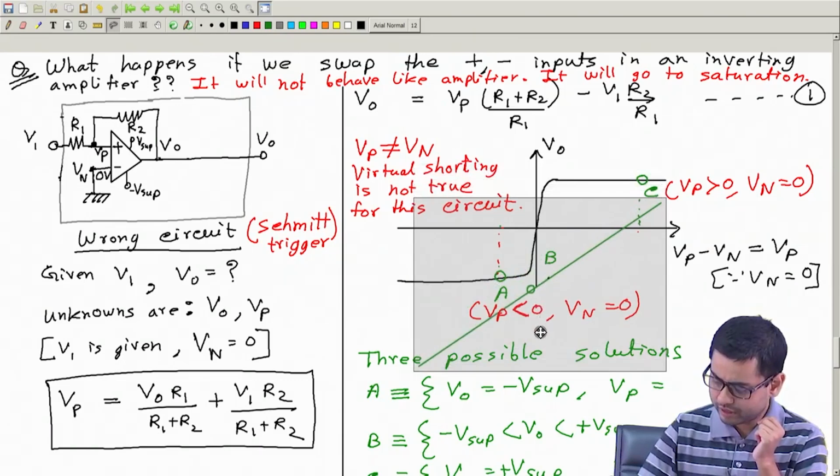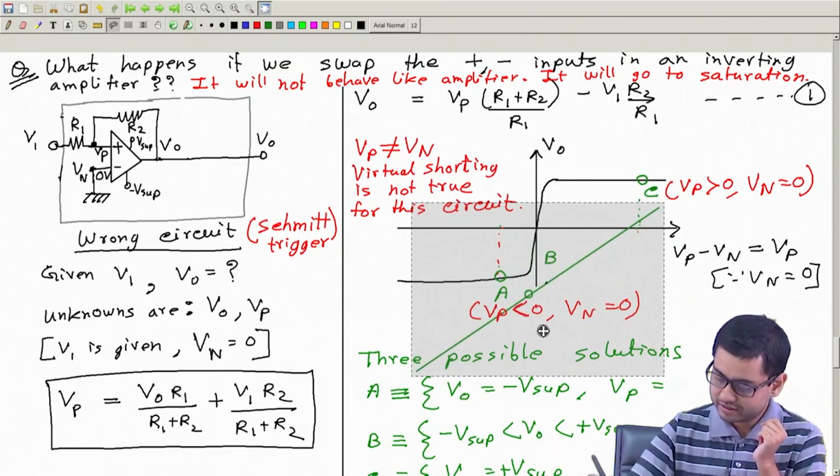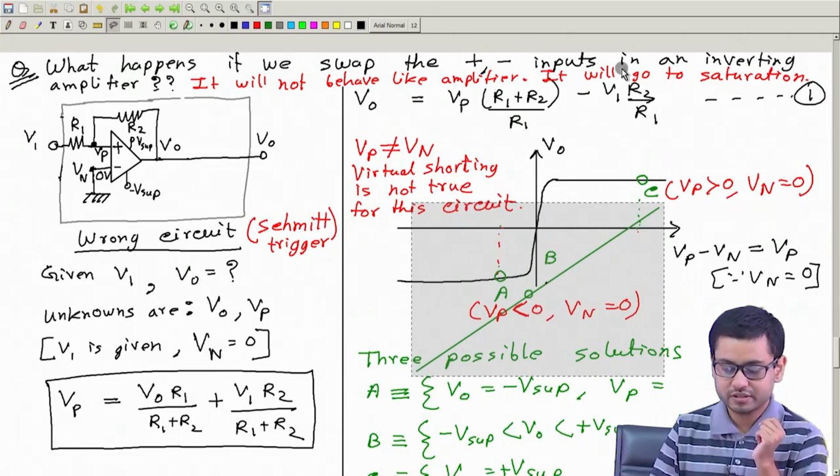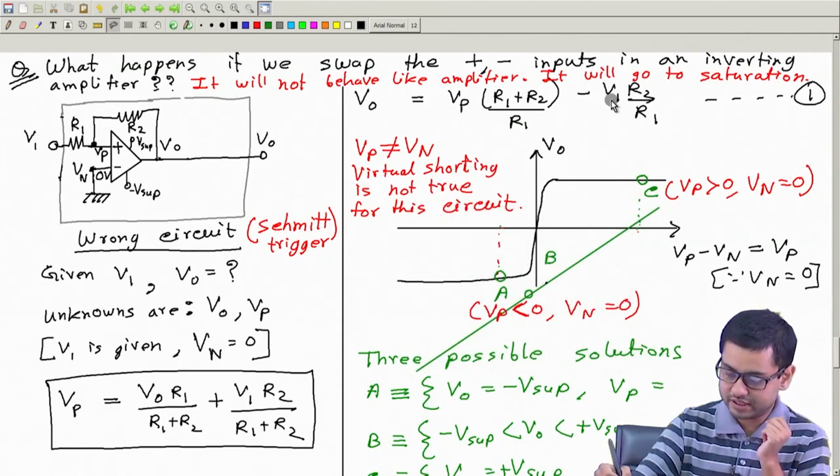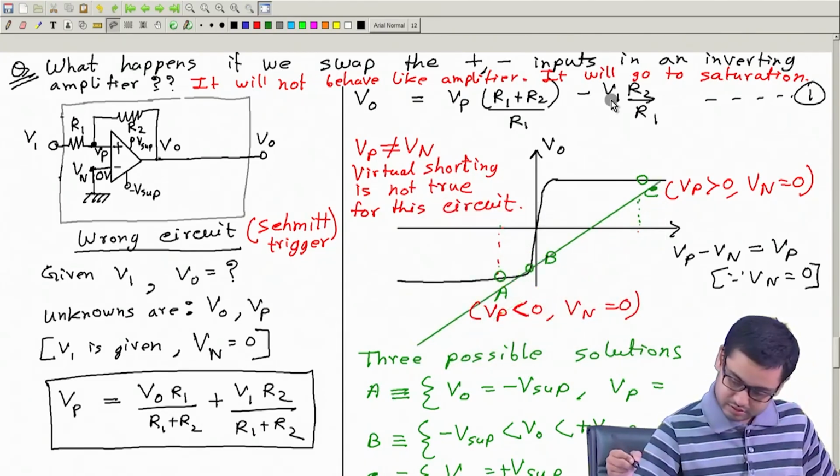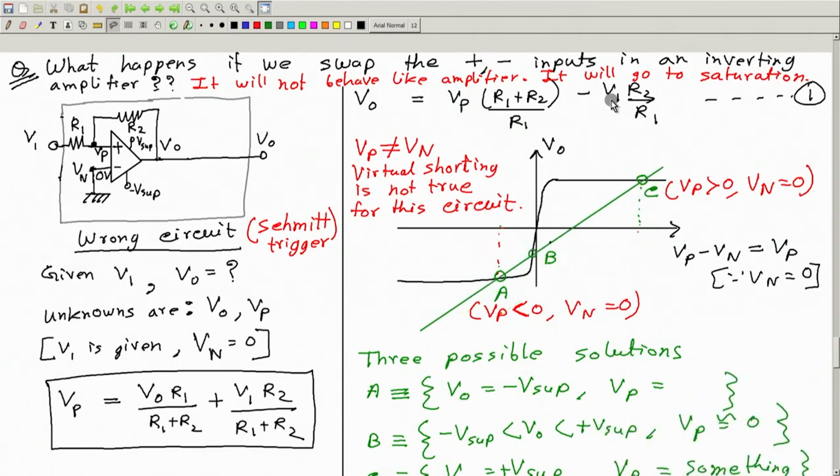Now if I bring it down a lot, that means if I increase V1 a lot, there will be only one intersection. Similarly, if I move it up, once again there is only one possible solution. Think about it yourself. It's fun. Thank you.